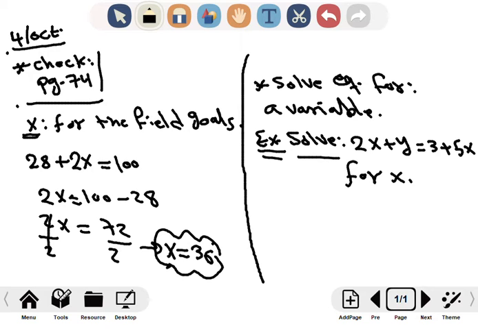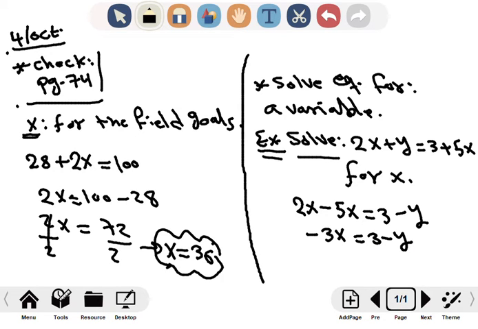This is what we call solving for a variable. But here I need to shift the 5x, the y, right? I want to make x alone on one side. So here 2x minus 5x equals 3 minus y. 2x minus 5x is minus 3x equals 3 minus y.